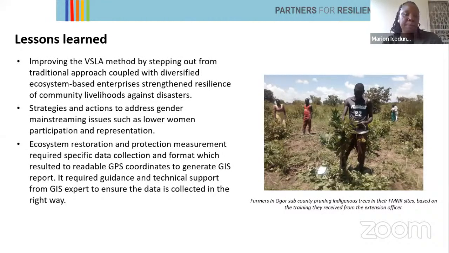And so this is how we were able to achieve more participation of women, empowering them and creating spaces for engagement, especially for the women. And last but not the least, when it came to the measurement of the restored ecosystems, as you will agree with me, measuring landscape restoration is quite a challenge. And so along the way, for us to be able to determine the area for restoration and protection that we covered, it was really important that we had extra expertise on GIS.